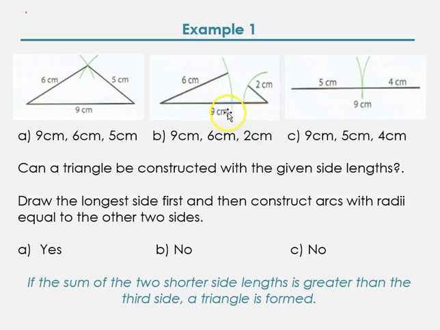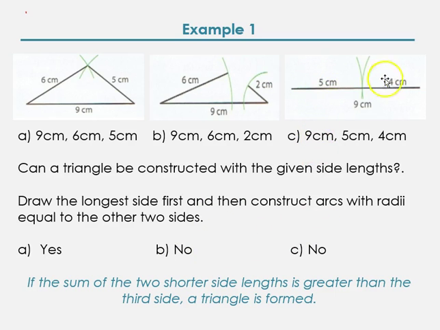Let's look at example B. We have measures of 9 centimeters, 6 centimeters, and 2 centimeters. So we begin just like example 1A, and we draw the 9 centimeters and the 6 centimeters. But when we draw the 2 centimeters, we can see that the sides will not meet, so we cannot make a triangle.